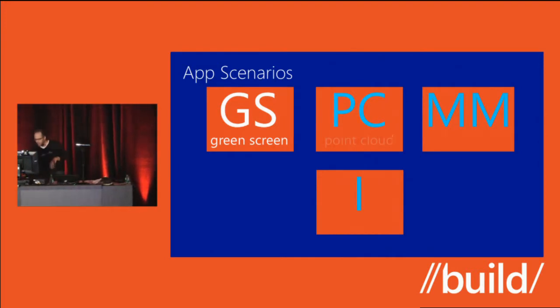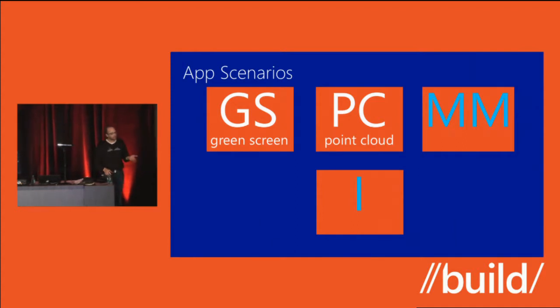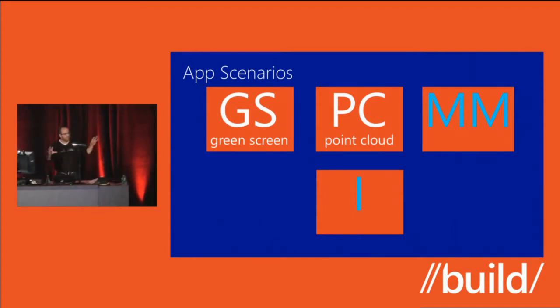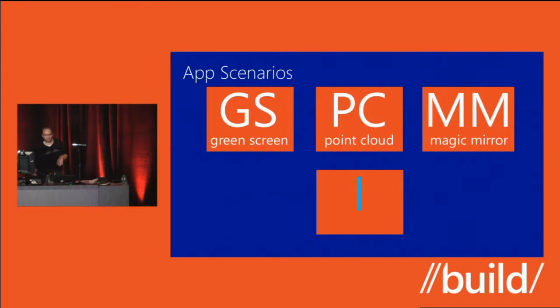Point clouds is another scenario. Take a look at depth 3D and depth with color 3D. There are DirectX examples, Direct 3D examples in the SDK. Because we understand the depth and the color and the spatial arrangement, you're able to go ahead and steer a 3D model and understand live what's happening in this point cloud, in this space.